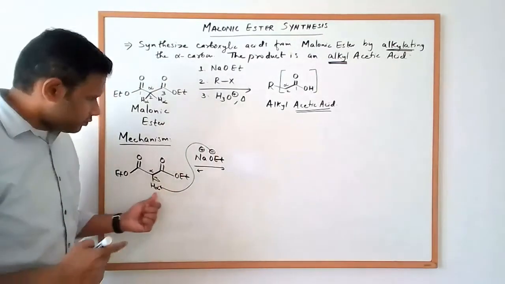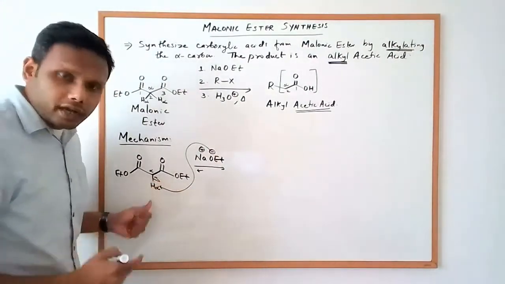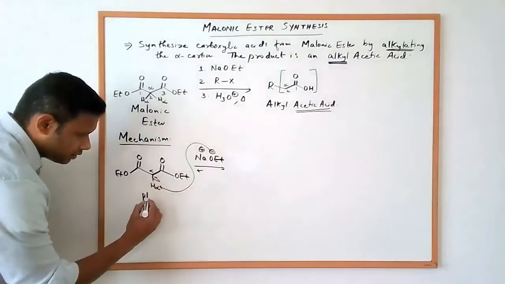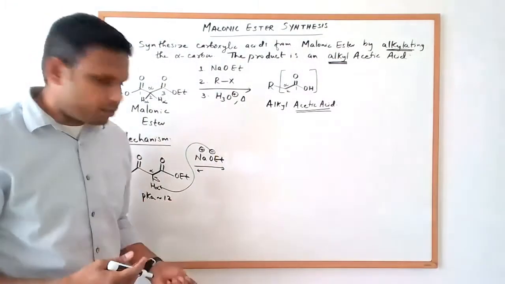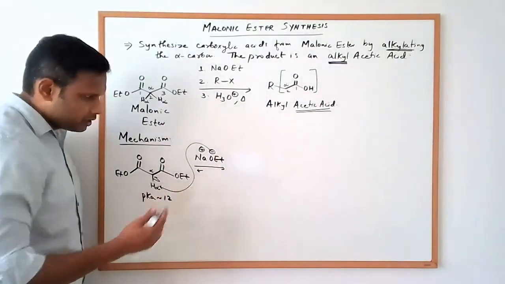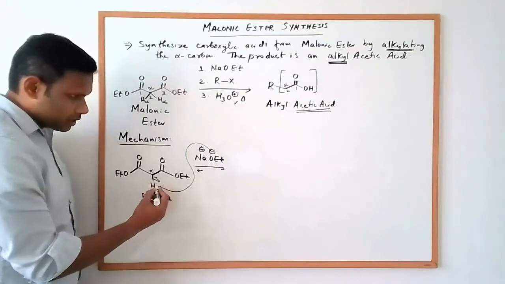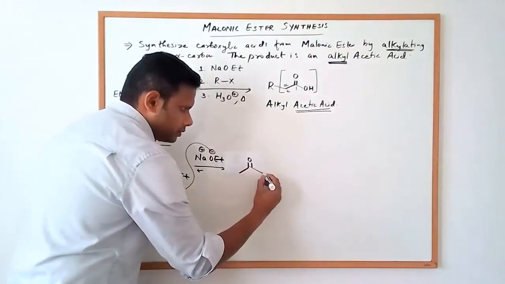This reaction would be favored in the forward direction because this alpha hydrogen is pretty acidic. The pKa for this hydrogen is around 12 to 14 approximately. Around 12 would be a good number to put there. So approximately 12 is the pKa for that acid. This would give us the enolate.